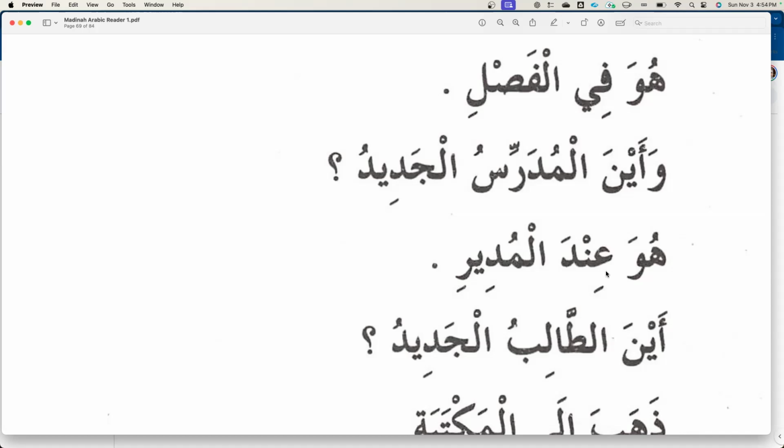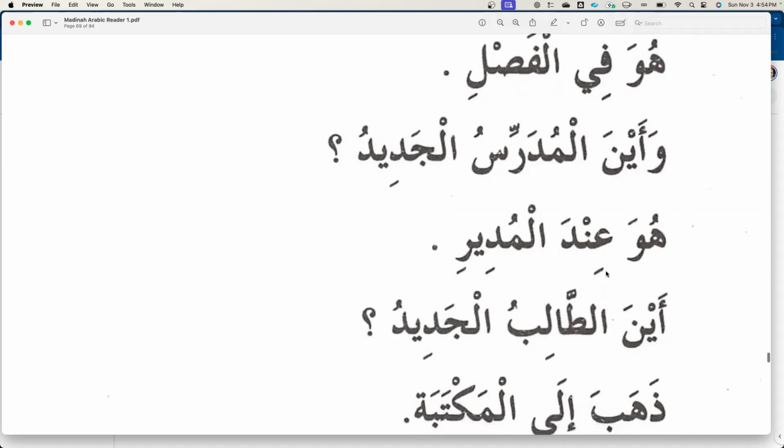I'm trying not to use the terminology. So inda works the same way as tahta, fawqa. We also learned أمام المدرس, in front of the teacher.